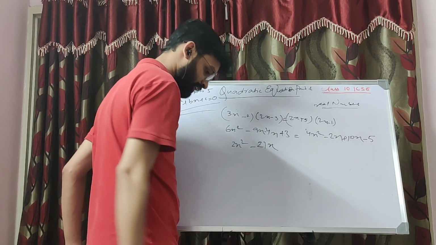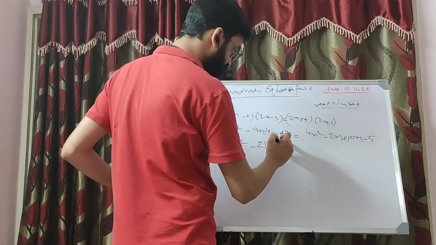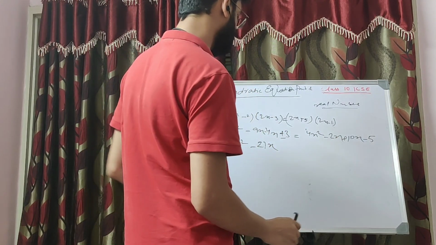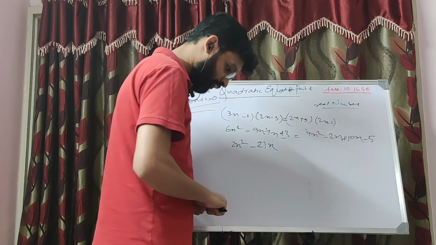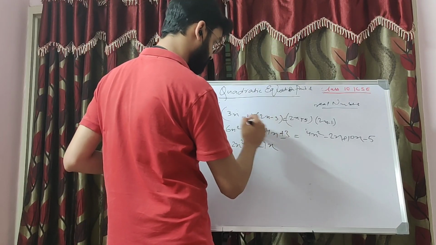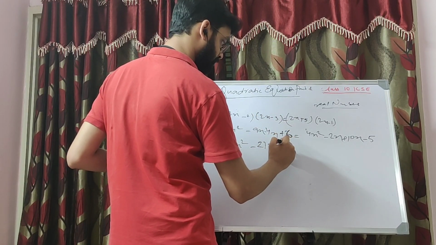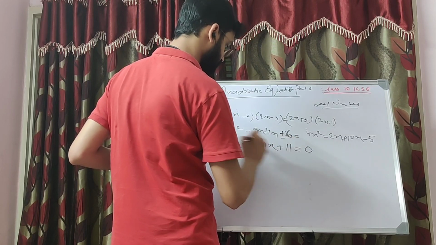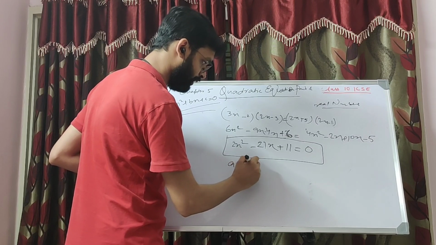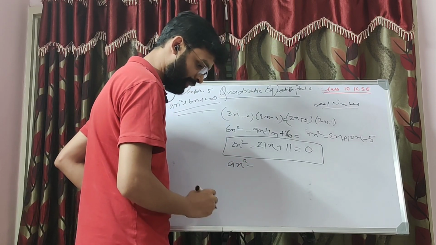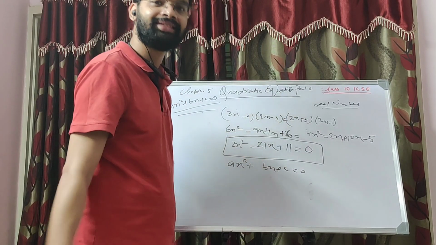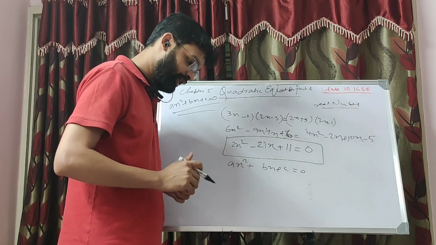If it comes to this side, plus 3 plus 5, that is plus 8. So plus 8 is equal to 0. Hence it is coming in the form of ax square plus bx plus c is equal to 0. So yes, this is a quadratic equation.